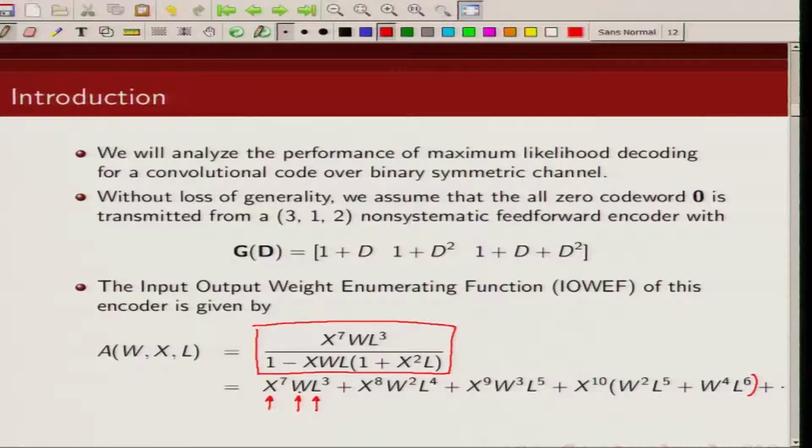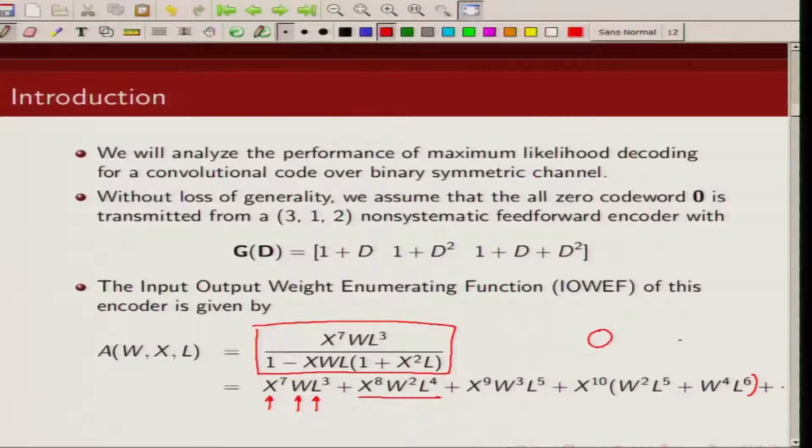So, x^7 W L^3 means there exists a code word of distance 7, which has information weight 1, and the time it diverges from all 0 state to the time it merges back is 3, and there is one such code word. This can be interpreted as a code word of weight 8 with input weight 2, and it has length 4.